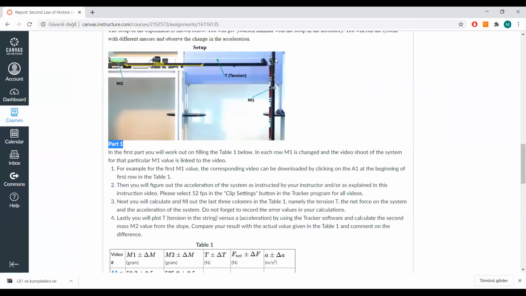In order to change this force, different m1 masses should be hung on the mass holder.